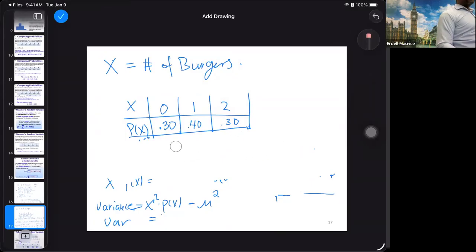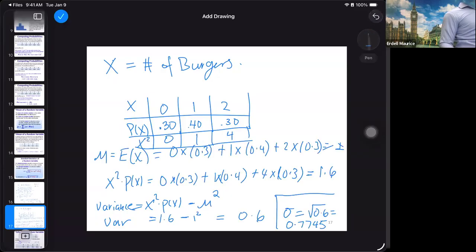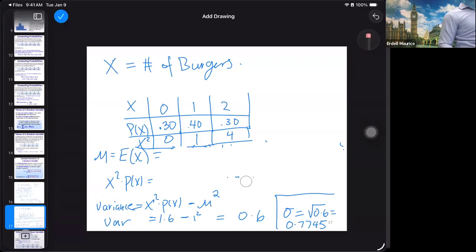This is the distribution for the number of burgers they will buy. There is a 30% chance they won't buy a burger, i.e. they'll get some fish or something else. There is a 40% chance that they will buy one burger. And then there is a 30% chance that they will buy two burgers.